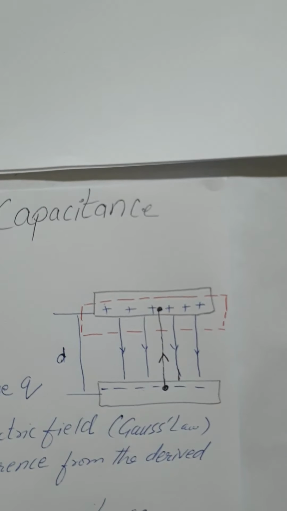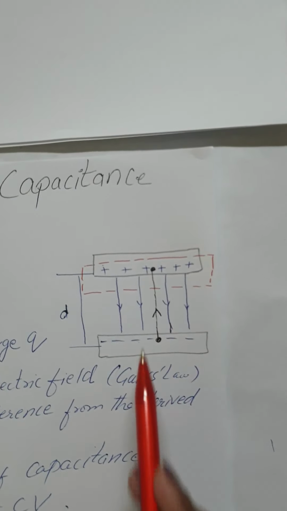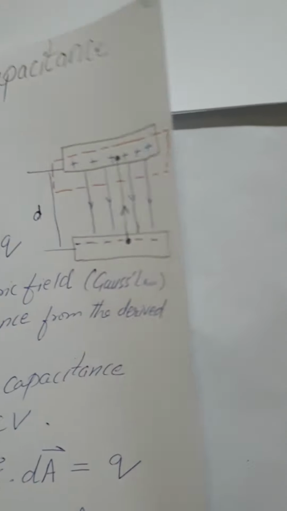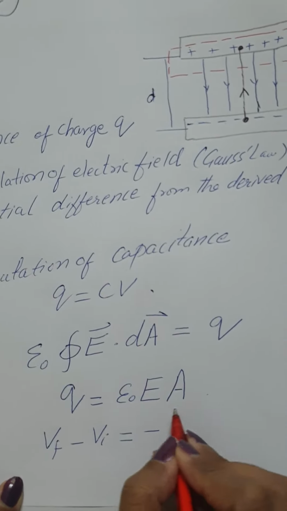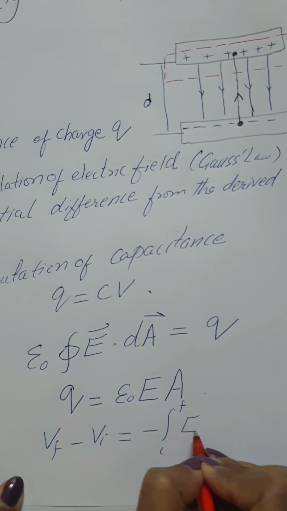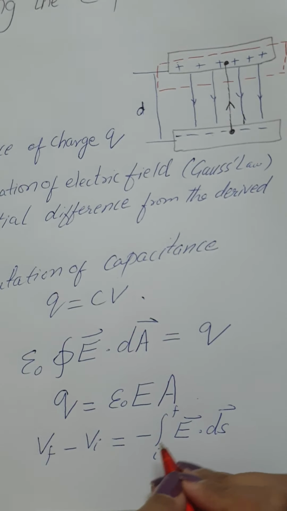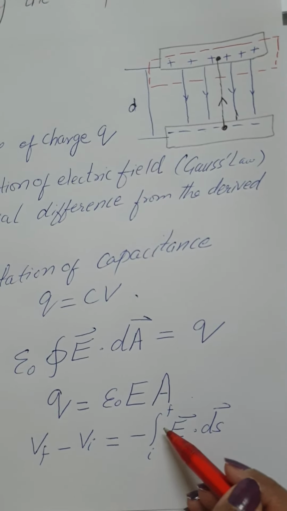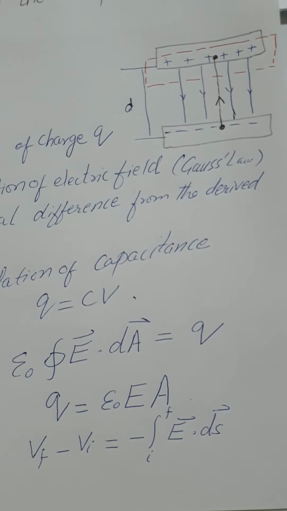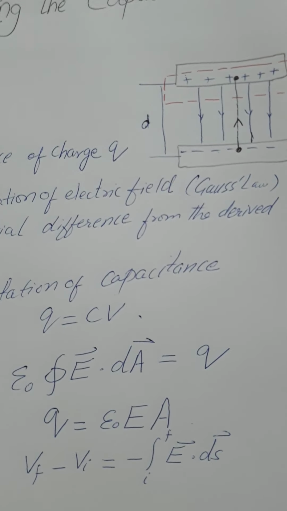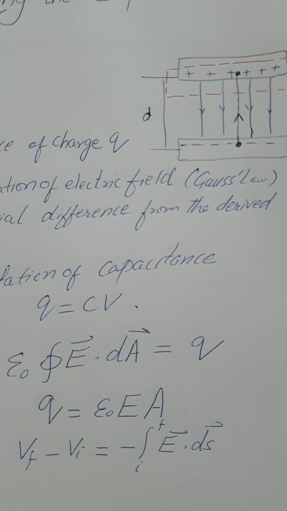Now, the potential difference between the plates is related to the electric field. So we will use the equation which we studied in the previous chapter, in which the integral is to be evaluated along any path that starts on one plate and ends on the other. We shall always choose a path that follows an electric field line from negative plate to the positive.